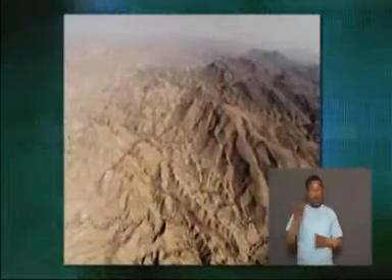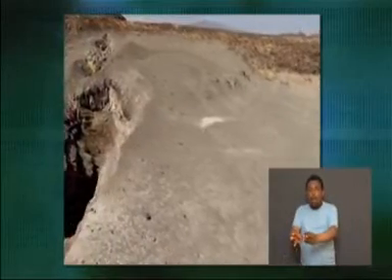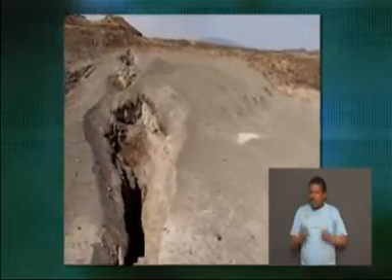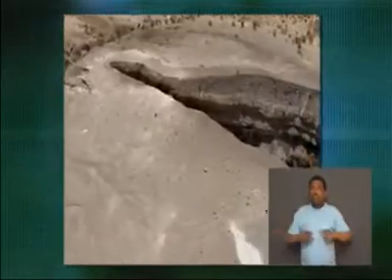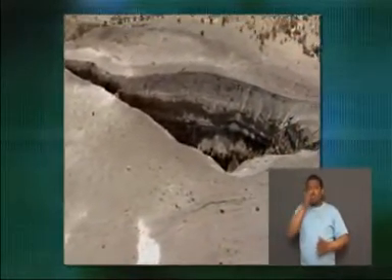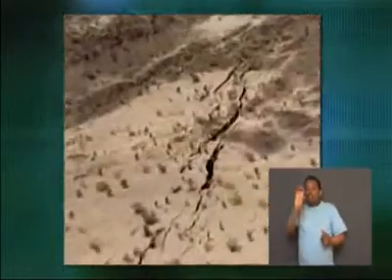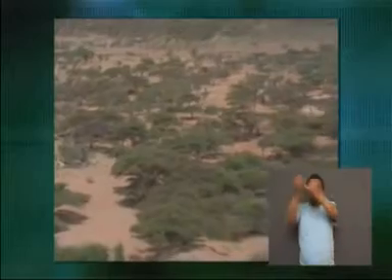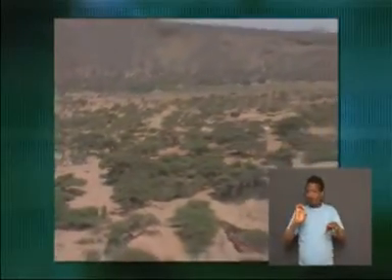We discussed that the Ethiopian Rift Valley system can be divided into three parts: the Afar Triangle in the north, the main Ethiopian rift in the center, and the Cho-Bahar Rift in the south. We also learned that the lowlands can be divided into the western lowlands and the southeastern lowlands.